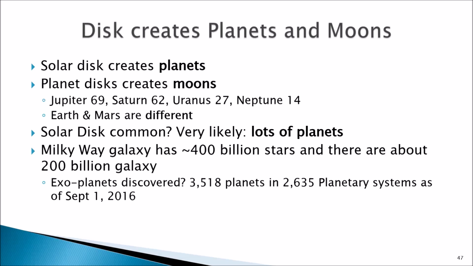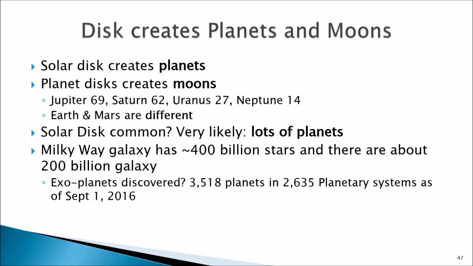But the solar disks, they're very, very common. We believe lots and lots of planets are out there. The Milky Way galaxy has over 400 billion stars, and there are about 200 billion galaxies.